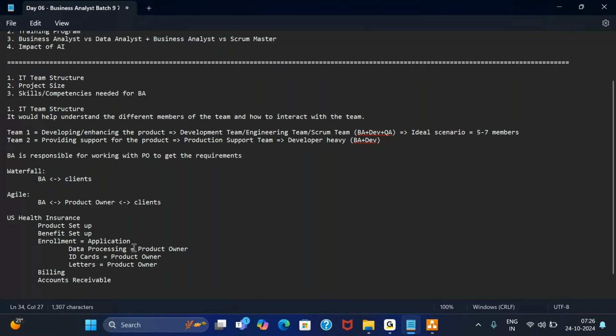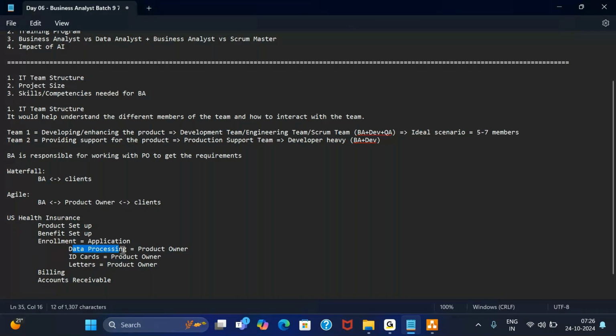Now as a BA, the product owner responsible for data processing will talk to clients and get the requirements. When I say requirements, these are just the understanding of what needs to be done. And then they look at which BA can take up the work.